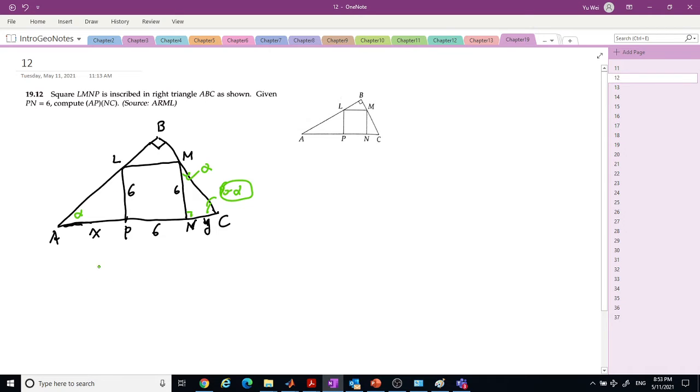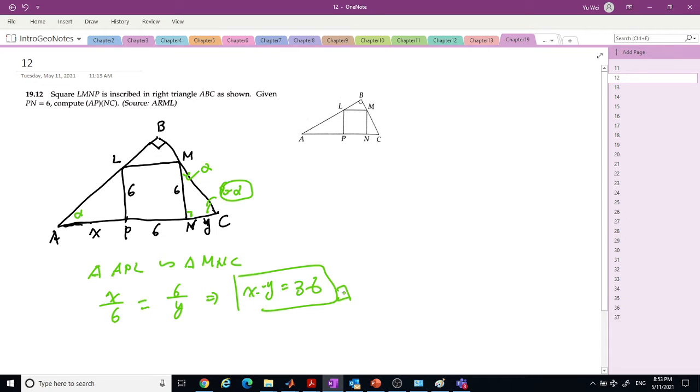You can see the triangle APL is similar to the triangle MNC. Then x over 6 is equal to 6 over y, so x times y is 36. So this is the answer. Okay.